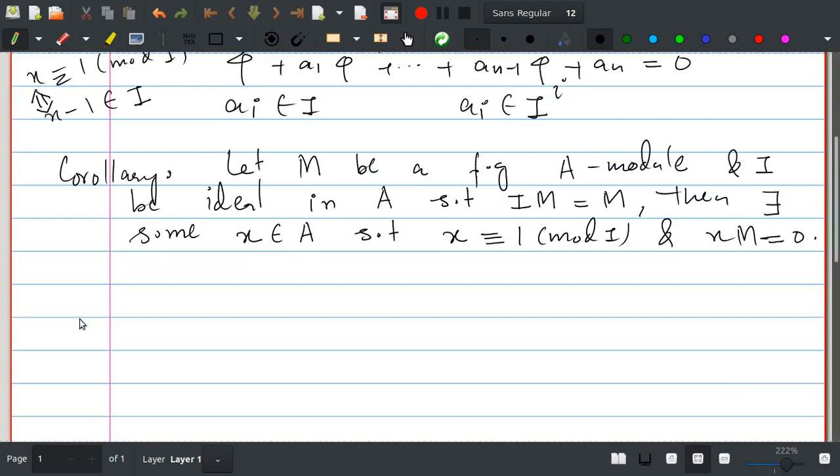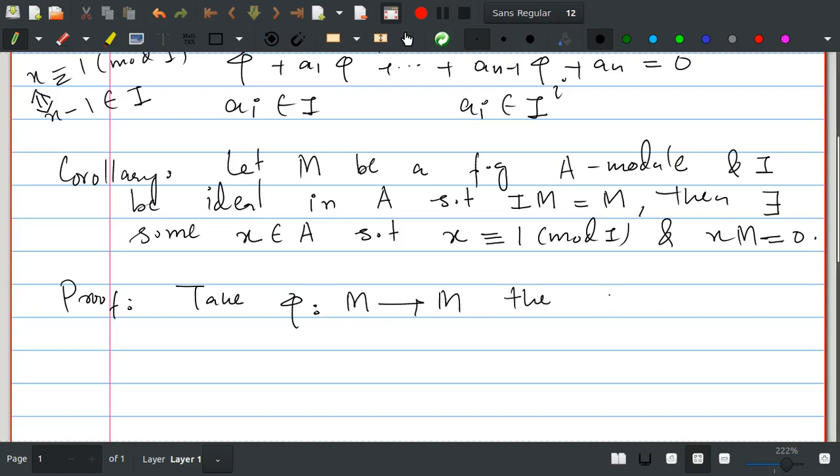So let us prove this. We are going to use the previous result to prove this corollary. Let us take phi from M to M, the identity map, which is obviously an A module homomorphism.